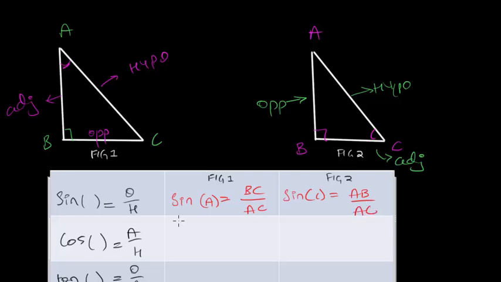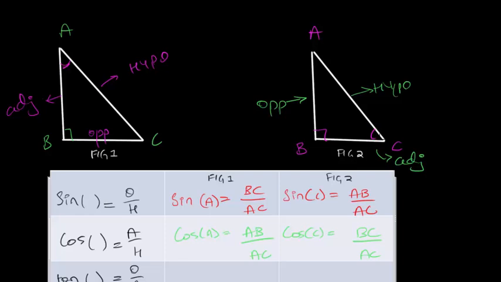Moving on to cos. Cos A is, well, the adjacent side is AB, while the hypotenuse is AC. While cos C, with respect to angle C, has the adjacent side BC, right? While the hypotenuse will not change, it is AC itself.